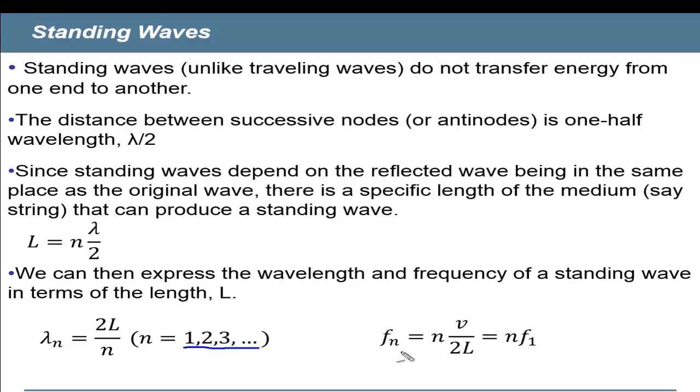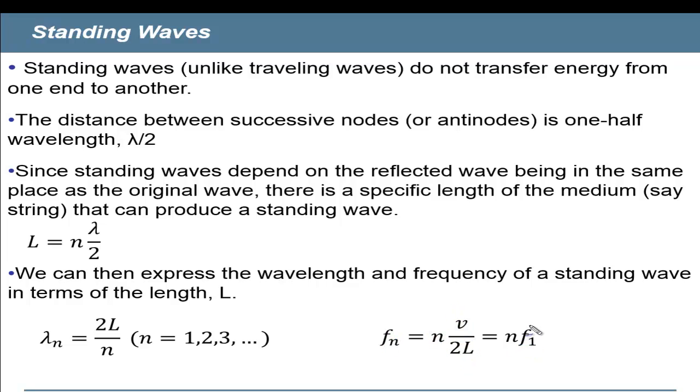And the same goes for the frequency. The first frequency would be just 1 times the wave speed divided by twice the length, and we'll call this the fundamental frequency. F1 is the first frequency it can have.